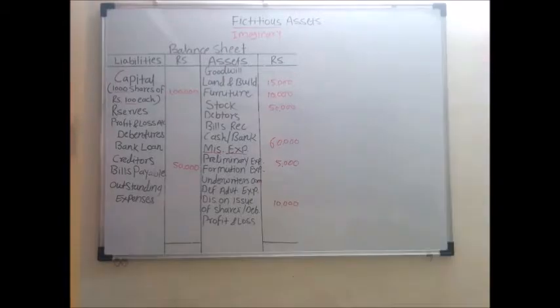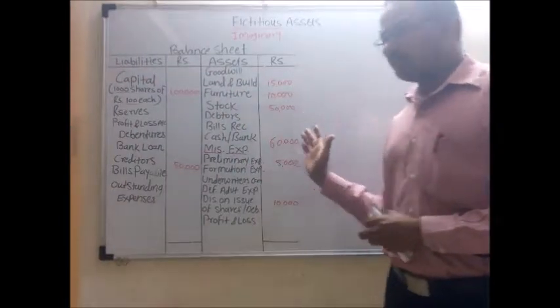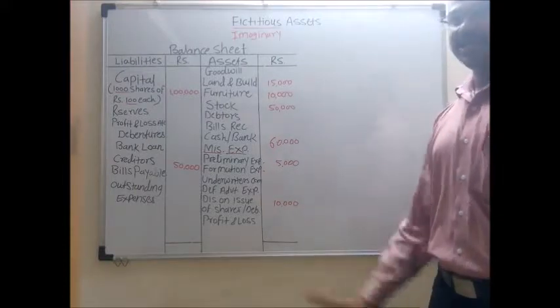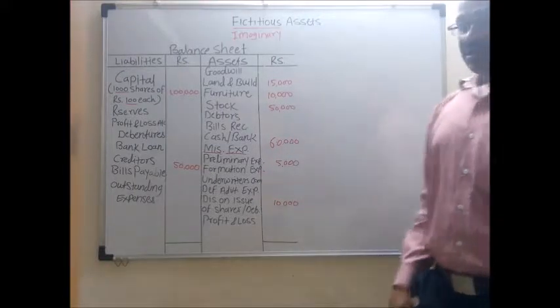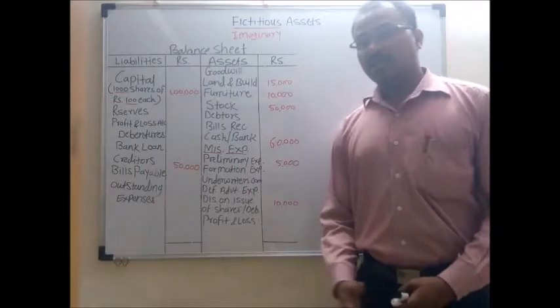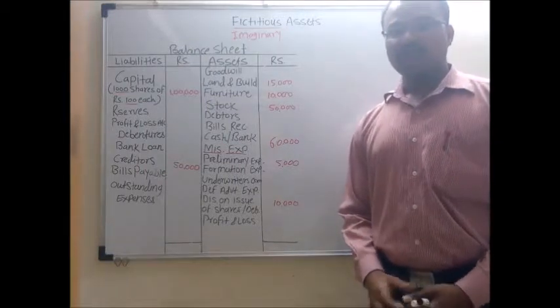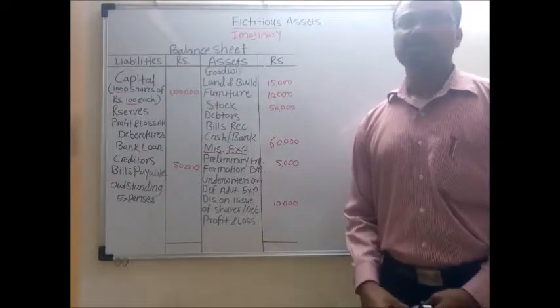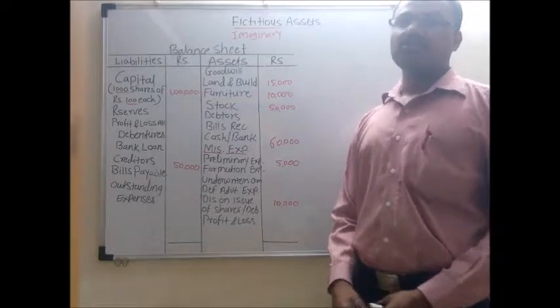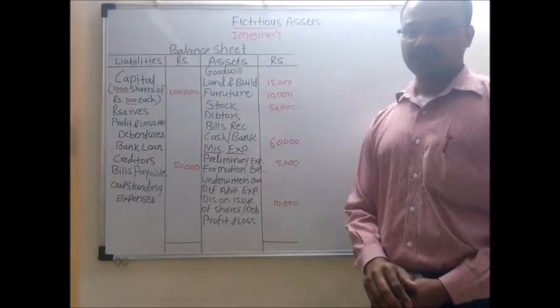Now this is the financial position of my business on a particular date. Now I am going to launch a new product, and for that purpose, I have to incur heavy expenditure on advertisement of the product.